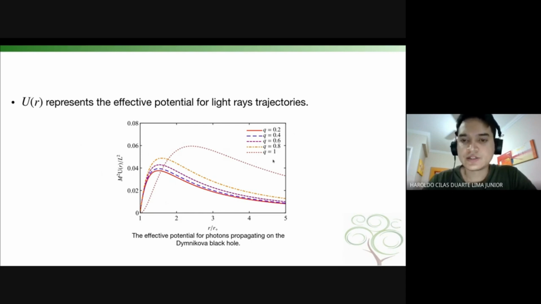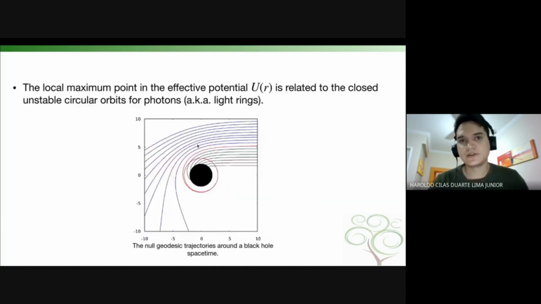So this small q here is the normalized charge, which is essentially the charge of the black hole divided by the extremal value. And we notice here that one key feature of this effective potential is that it always admits a maximum point here, which is related to unstable circular orbits for light rays, which are also dubbed light rings.